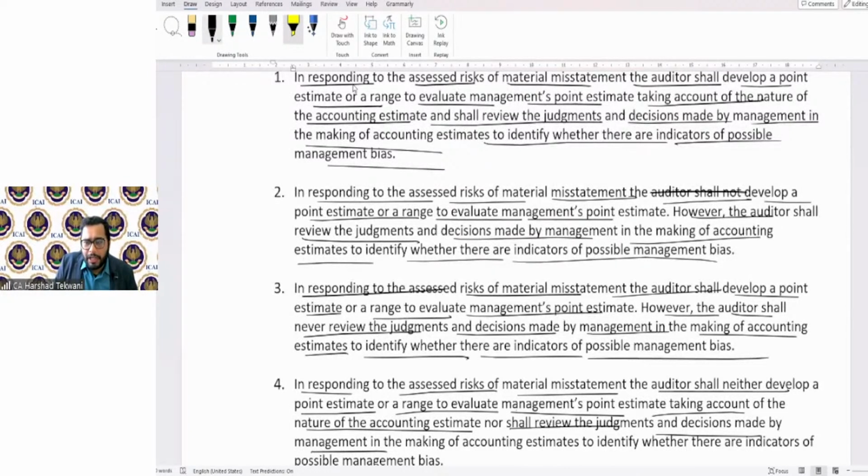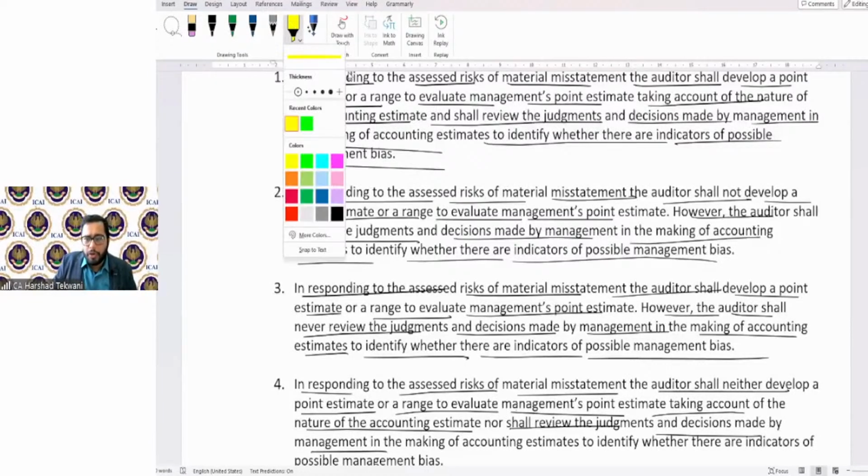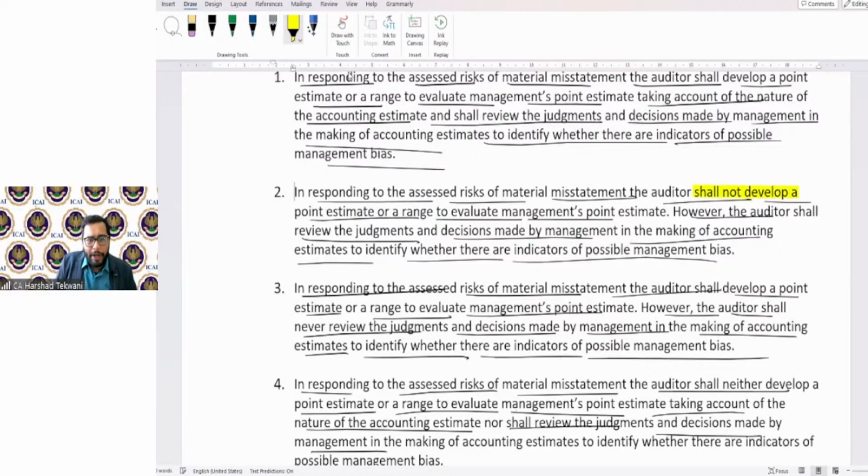So the option that auditor shall not develop a point estimate is not correct. Here also, it says that the auditor shall develop a point estimate, but the auditor shall never review the judgment and decision made by management to identify whether there is an indicator of possible management bias. That is also not correct.